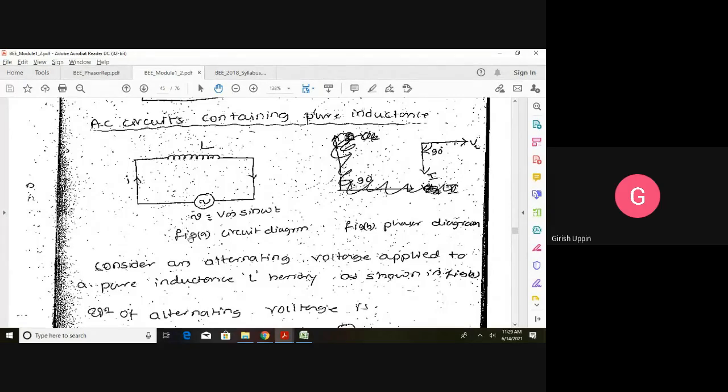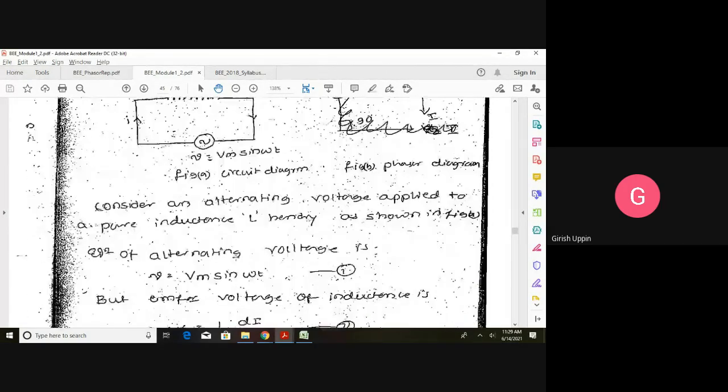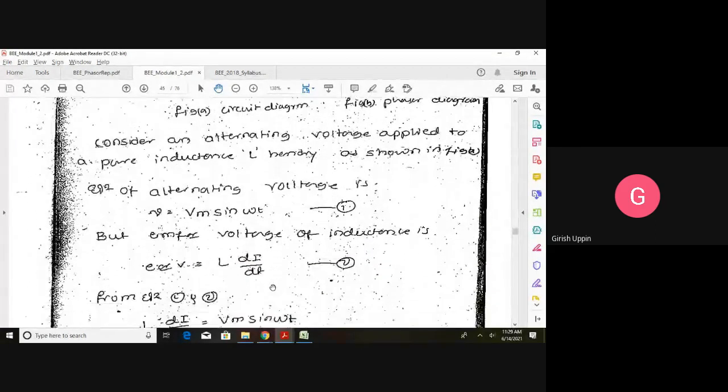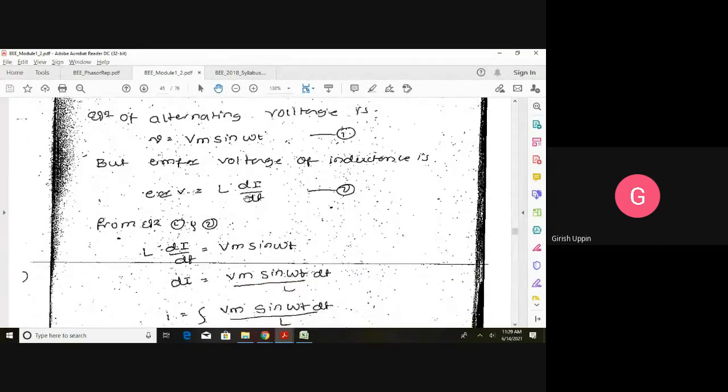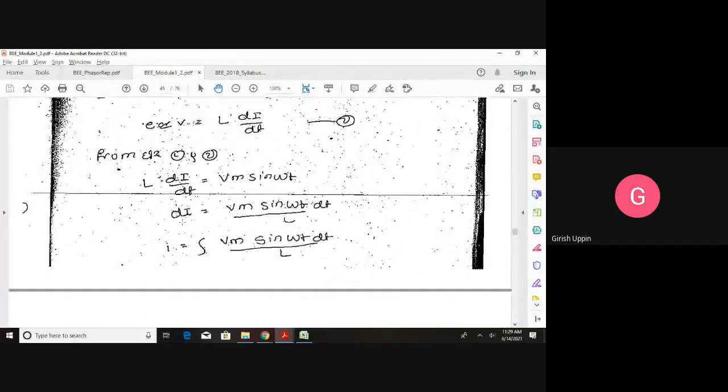So you have to draw the circuit diagram. Then you have to say V is equal to Vm sin omega t is the applied voltage. In case of an inductor, we know that the voltage induced in the inductor is E is equal to L di by dt, which counterbalances the applied voltage. Therefore L di by dt is equal to Vm sin omega t, and you get the equation for di.